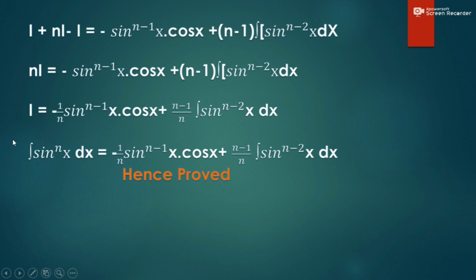So finally we got the integral of sin raised to n x dx is equal to minus 1 by n sin raised to n minus 1 x into cos x plus n minus 1 upon n into the integral of sin raised to n minus 2 x dx. In this way we can solve this integral, or prove the reduction formula. Here in sin raised to n x dx, we reduce the power n to n minus 2. That's why it is known as the reduction formula for sin raised to n x dx.